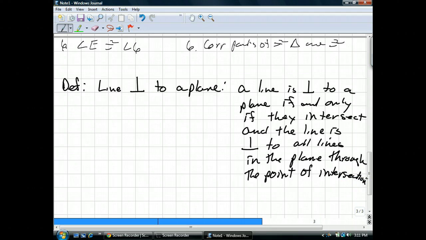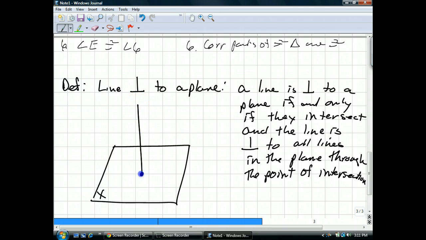Okay, so in other words, if you have some plane X, and we have some line, and we want to say that it's perpendicular, say at point O, then that line has to be perpendicular to every line in that plane that goes through that point.